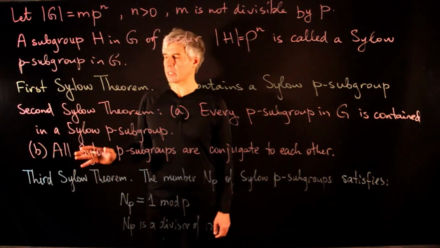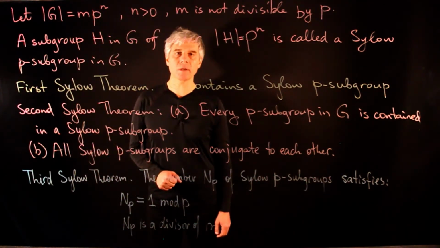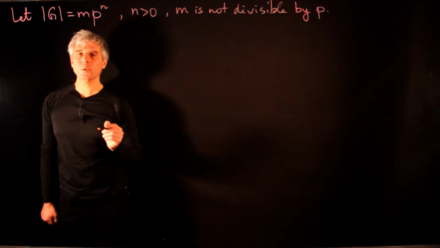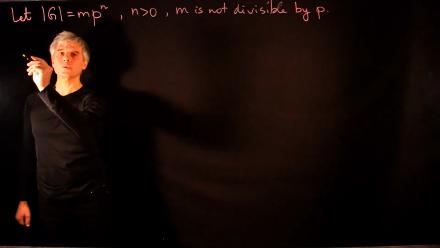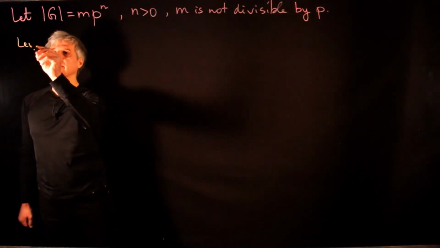All of these theorems are proved using the machinery of action of the group on a set. We begin with the following technical result that we will use later in our proof. Lemma.